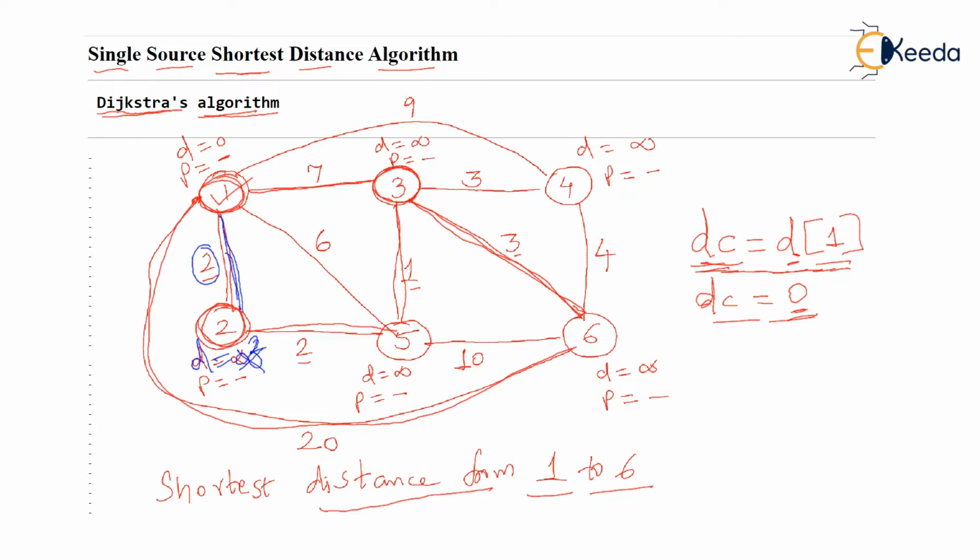Hence, the distance of the second vertex is no more infinity, but it is 2. Also, p, the path at the second vertex, will be 1. We have made this 1 because we were processing vertex 1. We can say that the distance of the second vertex has changed from infinity to 2 due to the first vertex, because we were processing the first vertex. That is why p has changed from null to 1.